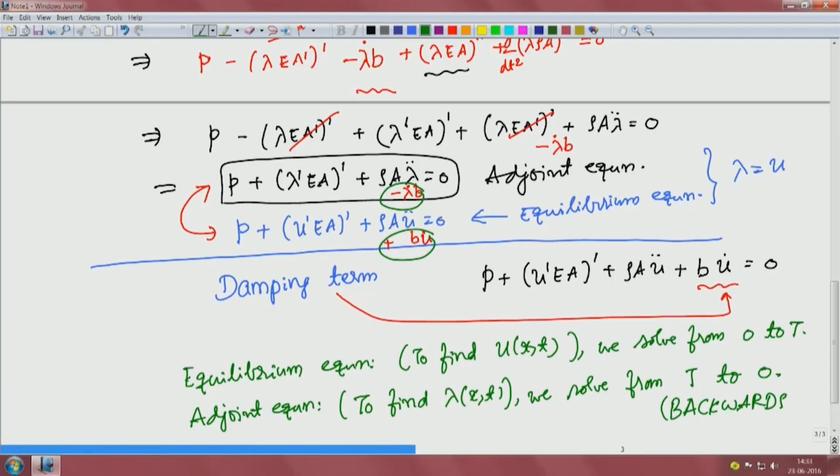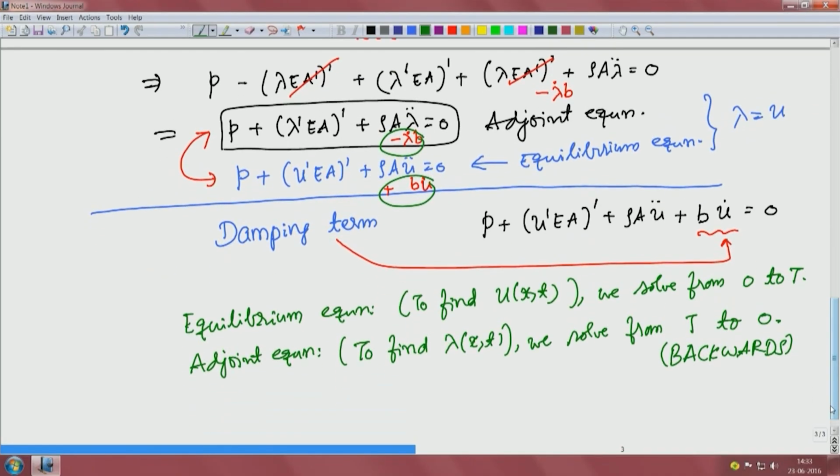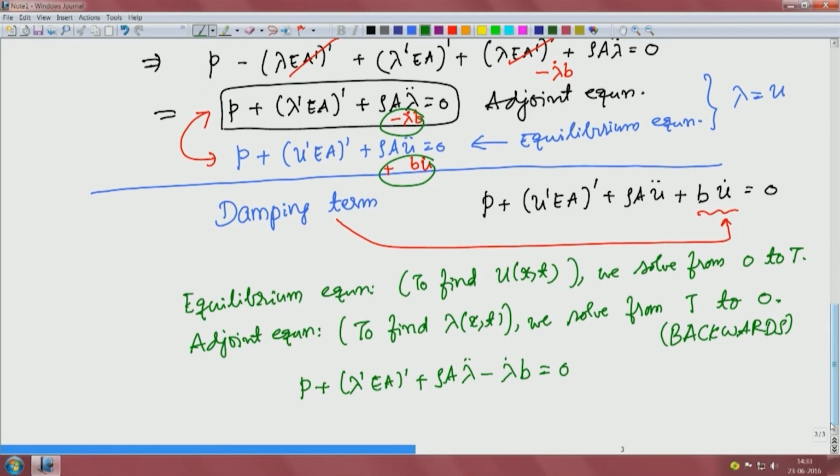Why is that important? Because when you look at the adjoint equation, p plus lambda prime E A prime plus rho A lambda double dot minus lambda dot b equal to 0. Now, let us say that instead of the time t, let us actually have minus time with another variable defined tau.